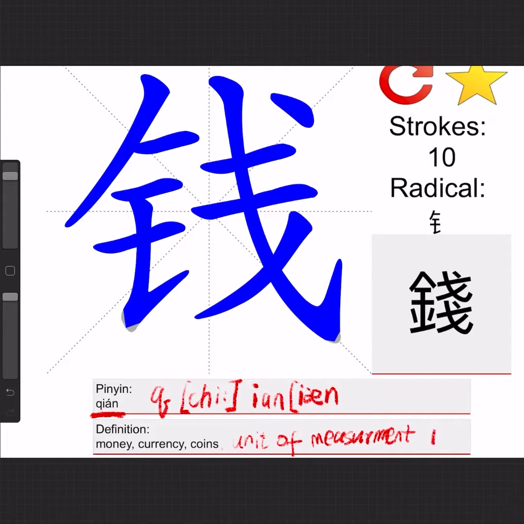Yi qian in Chinese equals to 5 gram. Yeah, just remember that. Like I always have to remember that 1 pound equals to 495 gram. That's it.